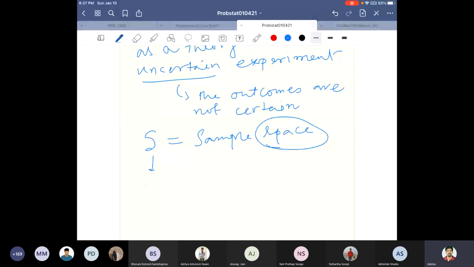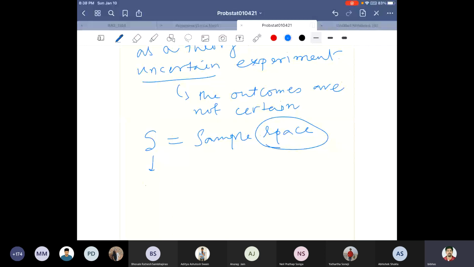Although that is a set, we call it a space because it has certain structure defined on top of it. Here also, sample space is a set, but the elements are associated with an experiment, and they are the possible outcomes of an experiment. So this is what we said a sample space.